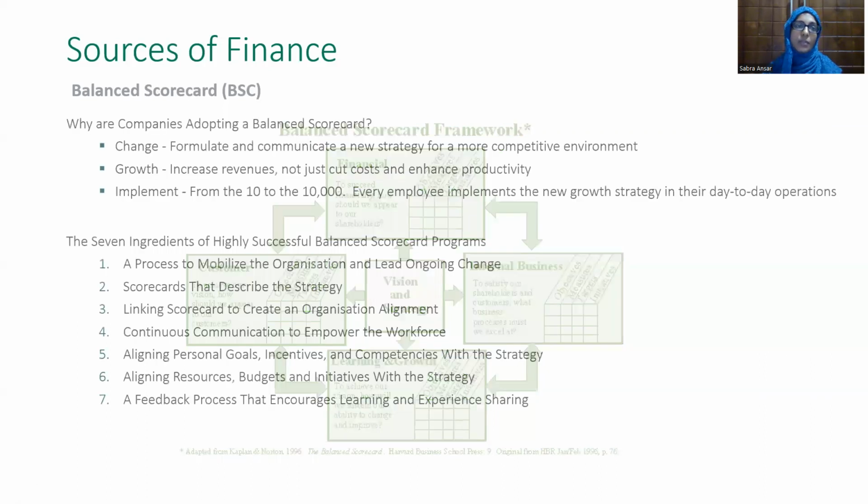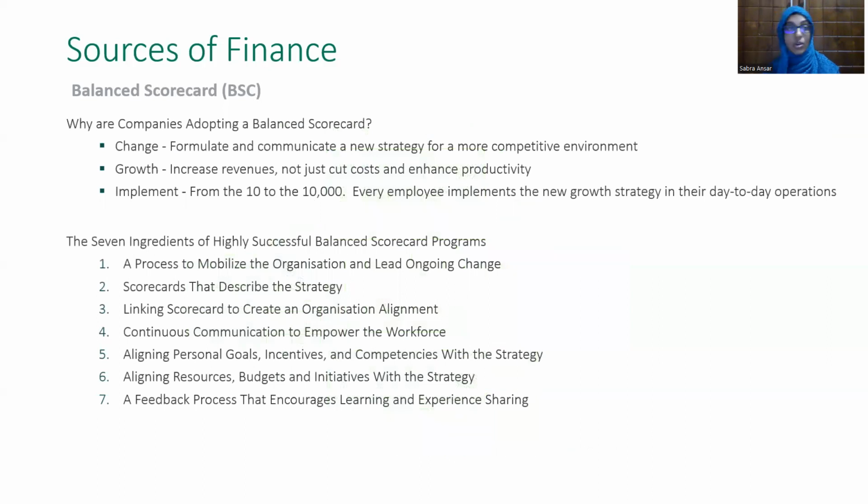So moving on, we'll talk more about why an organization needs to adopt a balanced scorecard. First is change, where we need to formulate and communicate a new strategy for a competitive environment.